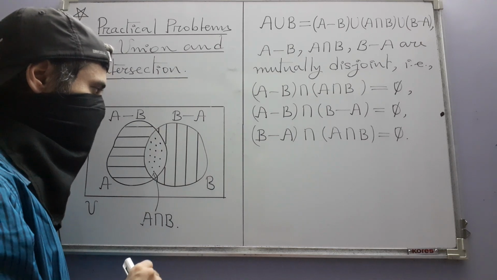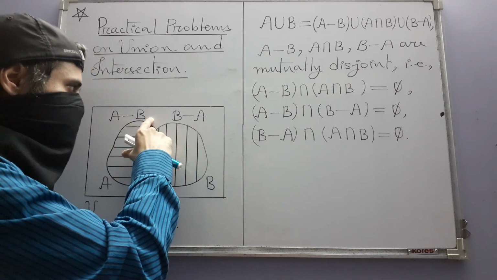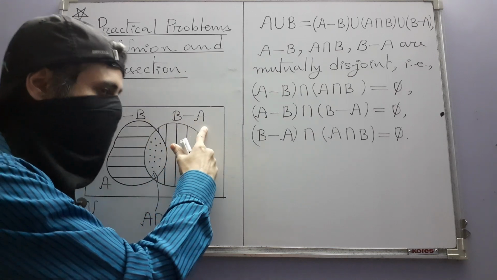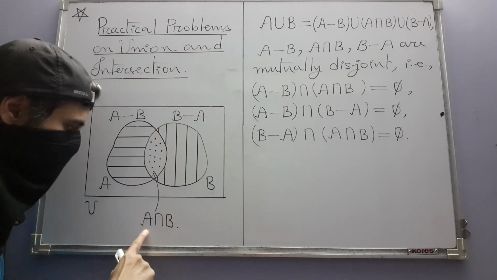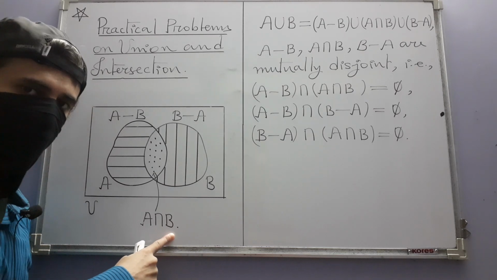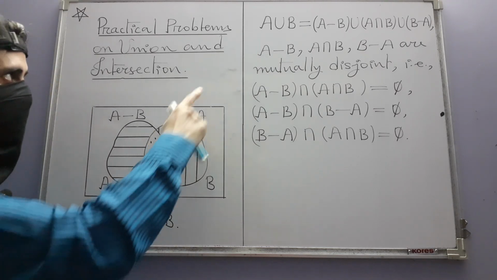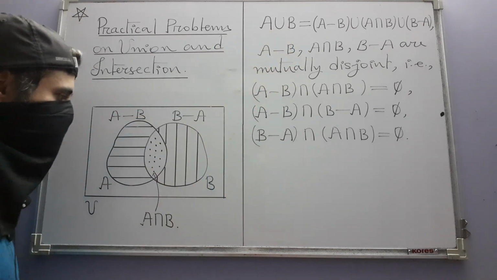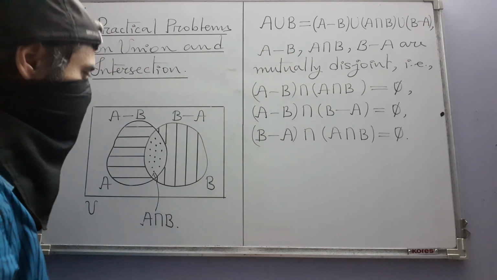That is why, if we take the number of elements in A difference B, the number of elements in B difference A, and the number of elements in A intersection B, and add them up, we will obviously get the number of elements in A union B.